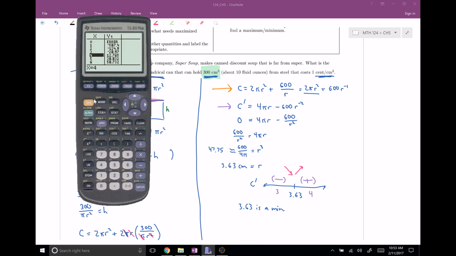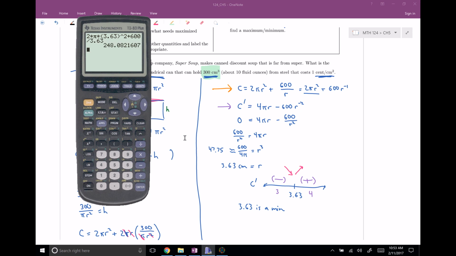In this case, I'm going to go back to the beginning here. And this is going to be 2 times pi times radius squared. So in this case, 3.63 squared plus 600 divided by 3.63.